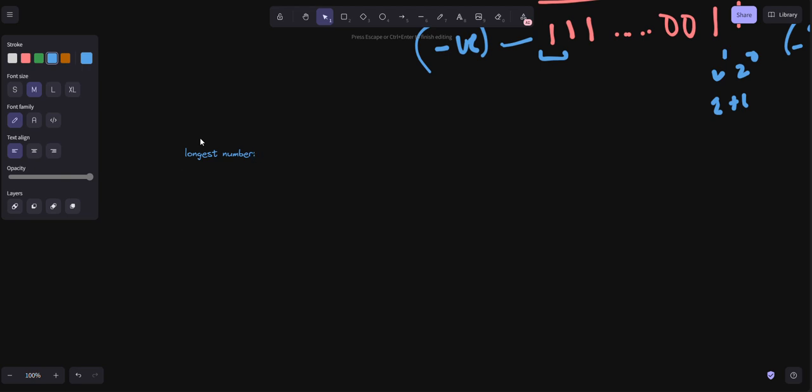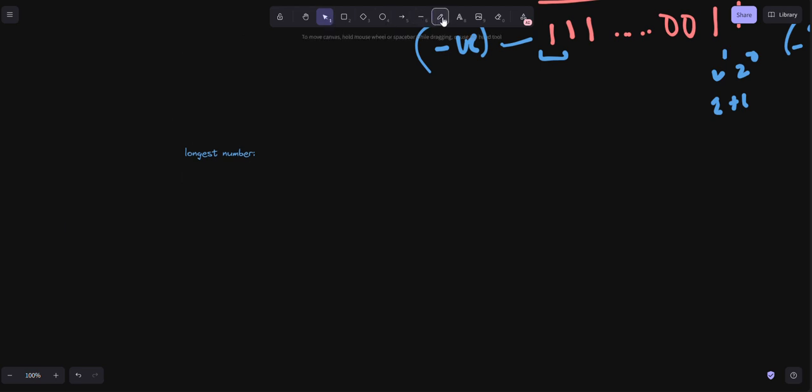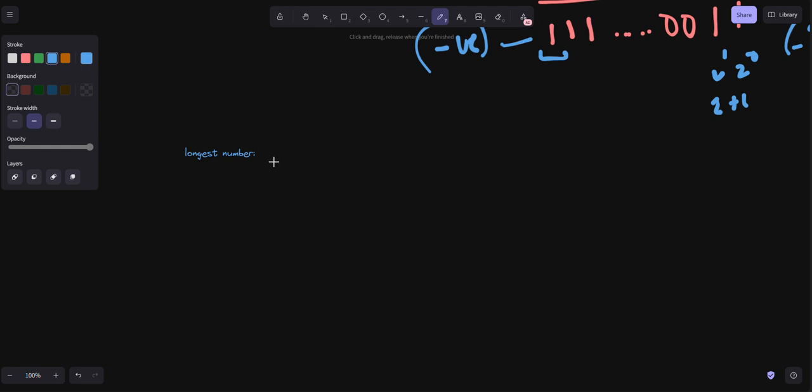Seeing how the numbers are stored, what can be the largest number that can be stored in these 32 bits? The first bit should be 0, because we need the largest number, and everything else can be 1. This would be the largest number.